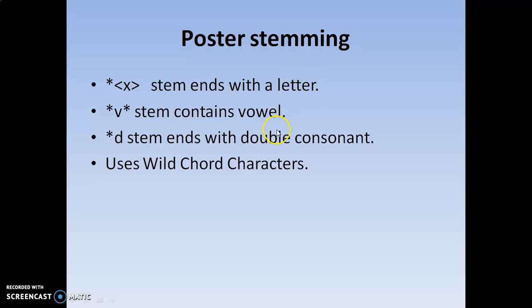For example, take a word called Ravi. Here in between the word, V is a character. So the stem contains the vowel: R, A, V, I, like that. So we have various examples in the Porter stemming algorithm.